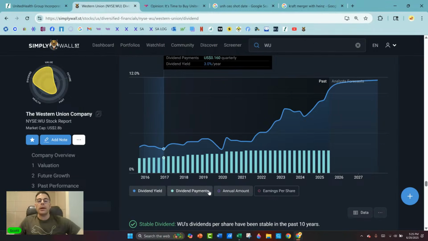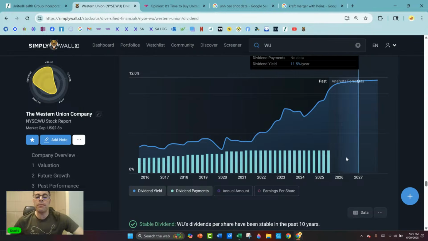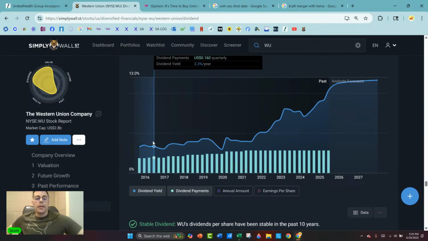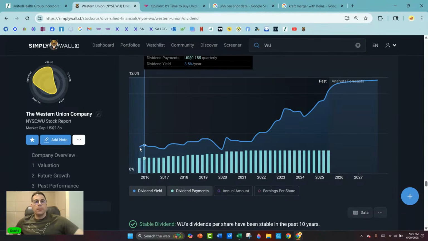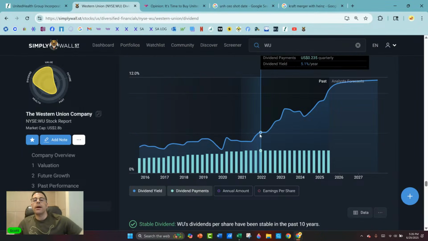They have not cut their dividend. You can see the dividend is either flat or slightly increasing. And a yield between 2 and 4% is appropriate for most companies. And that's where they were for many years. And then it got to 5%.